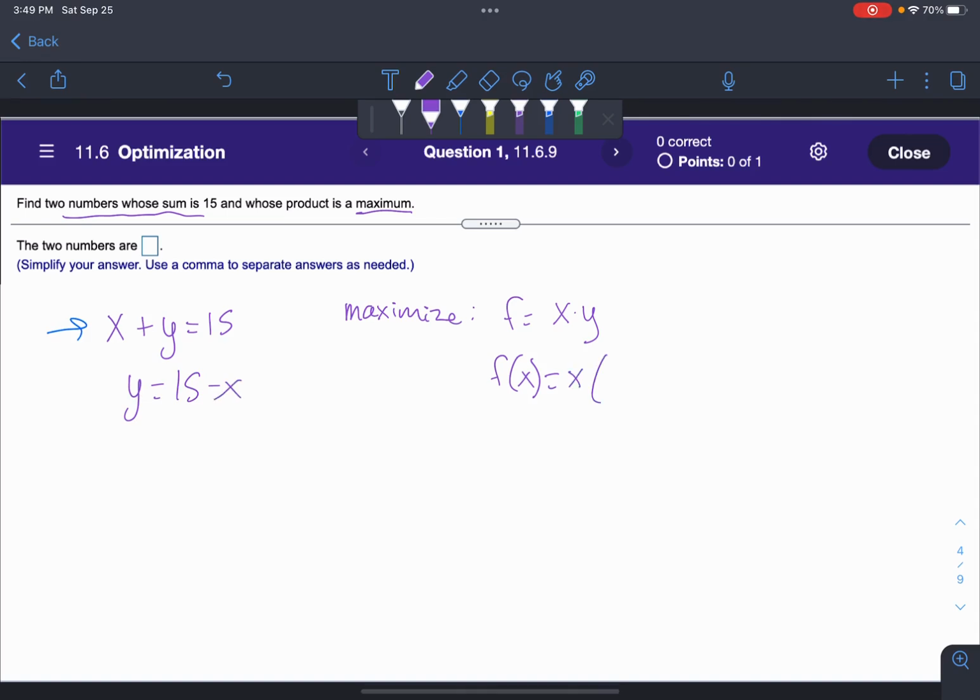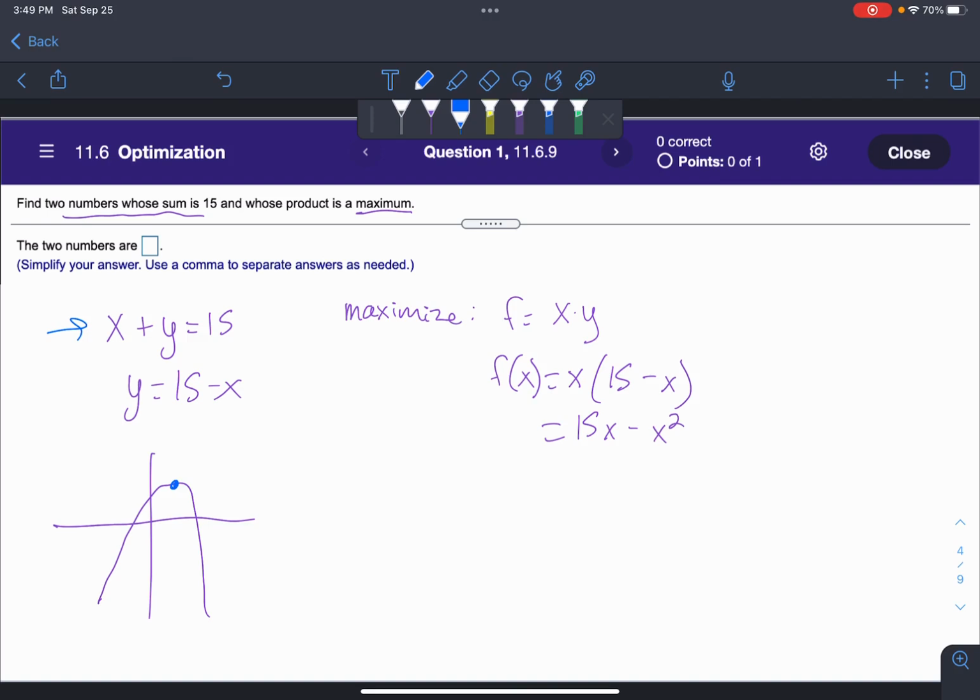So let me plug that in, and I get 15x minus x squared if I distribute that x through. Right, so now we have this function. It's kind of like an upside down parabola. Kind of makes sense because we want a maximum. So we want to know, where is this a maximum and what numbers make it a maximum.